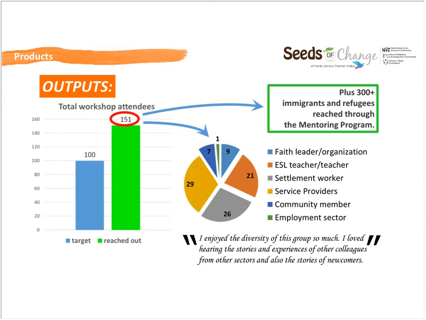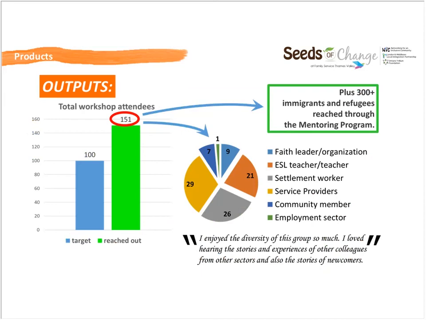This is just some of the results that we've achieved at this point in time. So the Train the Trainer workshops that we've done over the fall, we've trained over 151 people, and the breakdown of who made up that group of 151 is all laid out there.